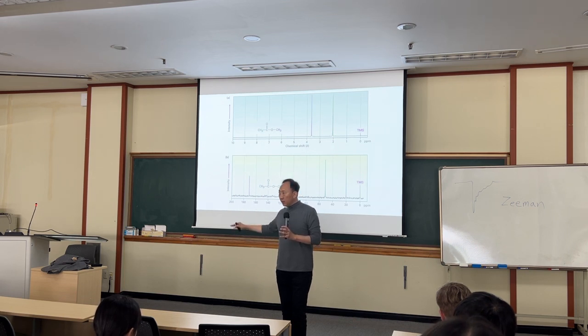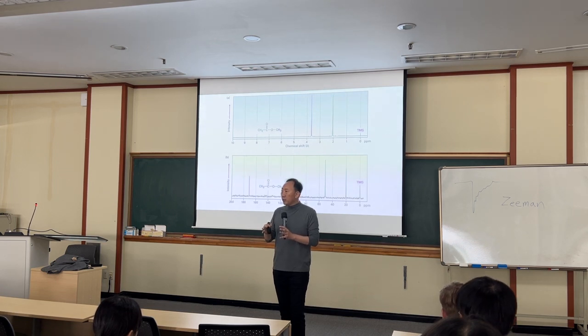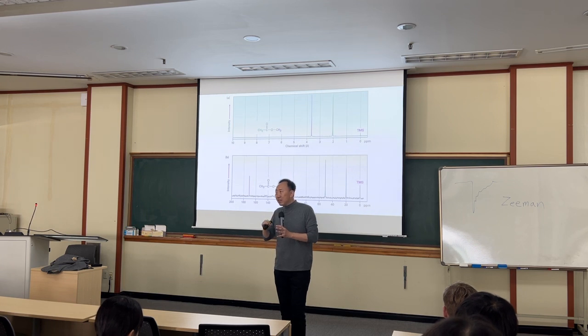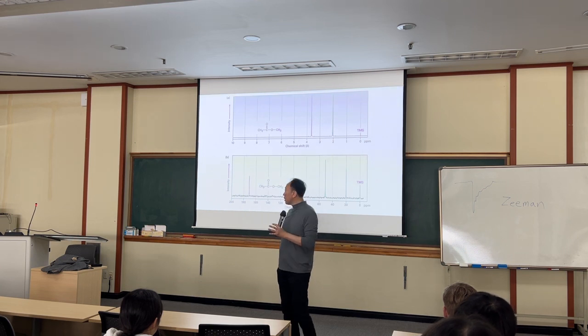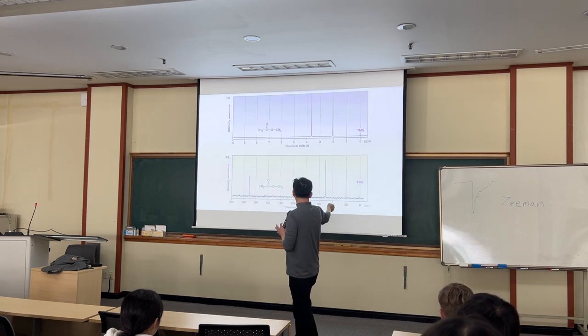This induced magnetic field will resist the external magnetic field. So an opposite direction magnetic field is formed nearby, and the external magnetic field effect is slightly decreased. Then the energy gap becomes a little smaller.